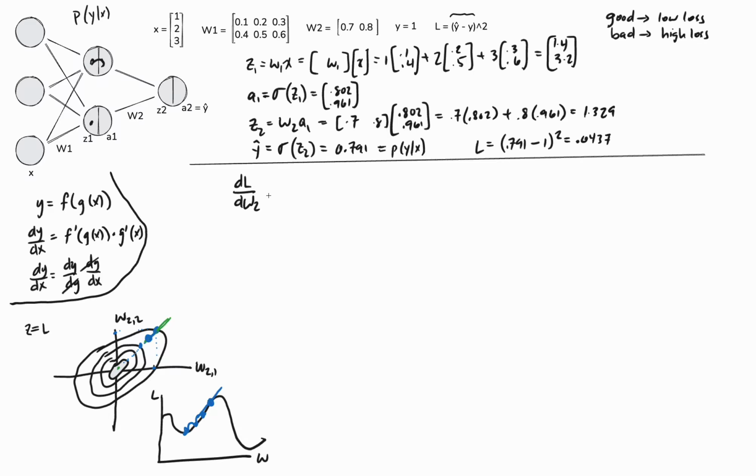Okay, but in backprop via the chain rule, we don't compute this value directly. We can compute it via the chain rule, right?